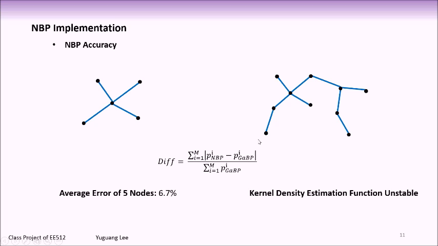But my MBP method is not stable when the input has 10 or 15 nodes, because the kernel density estimation function I use needs a lot of parameters, and I'm still trying to figure out how they change the result. So the kernel density estimation currently cannot give a fairly good approximation of the density of the samples I have. So that's probably going to be a direction I'm going to work on in future work.